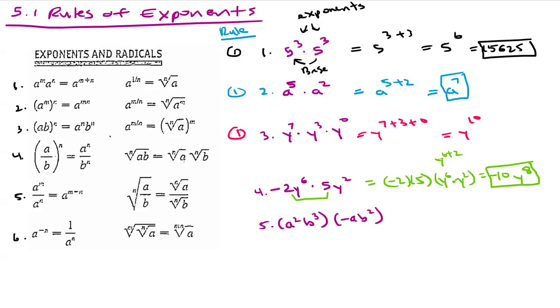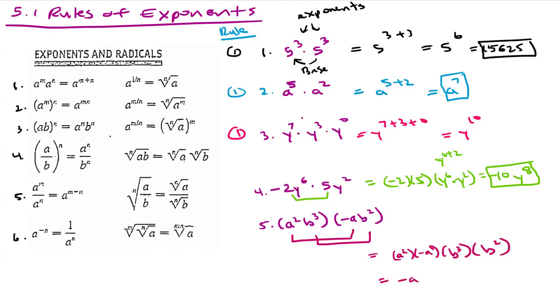So again, we're going to match these guys. Okay? And then we're going to match these guys here. So that's going to give us a square times negative a times b to the third times b squared. So this will be to the 1 power, right? So that's going to give us a negative a here.